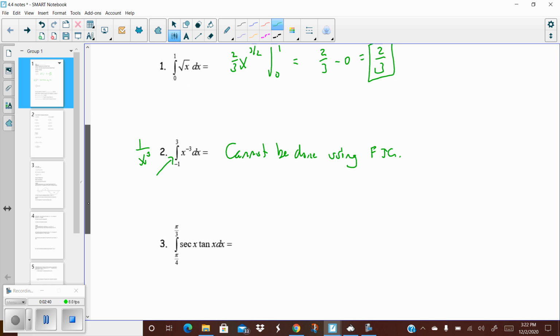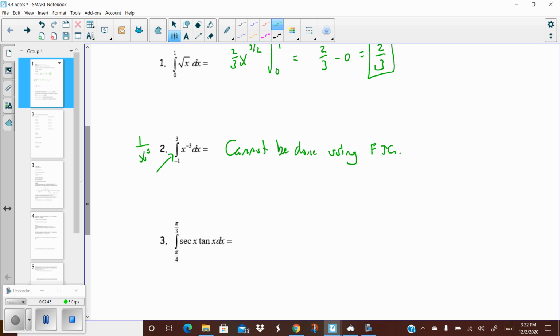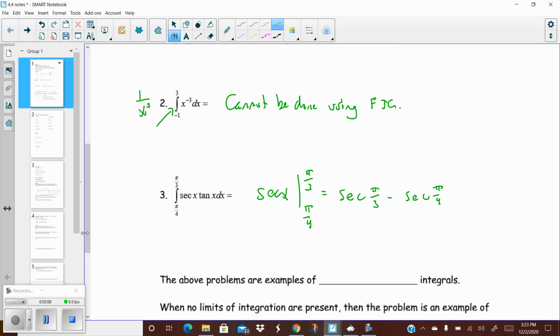And then in number 3, the antiderivative of secant x tangent x is just going to be secant x. And we'll evaluate that from pi/4 to pi/3. So that's going to be secant of pi/3 minus secant of pi/4. And if you're like me, I don't necessarily always have those values memorized. What I do know is that they are reciprocals of cosine.